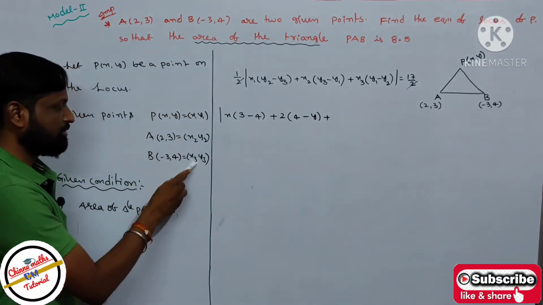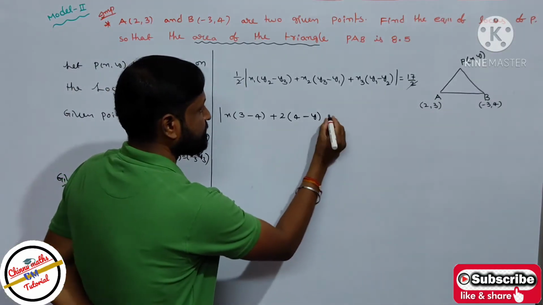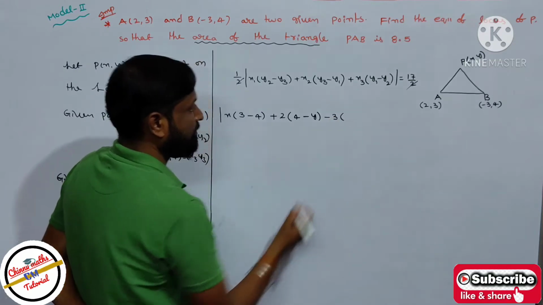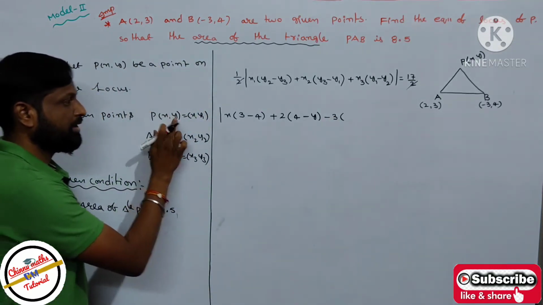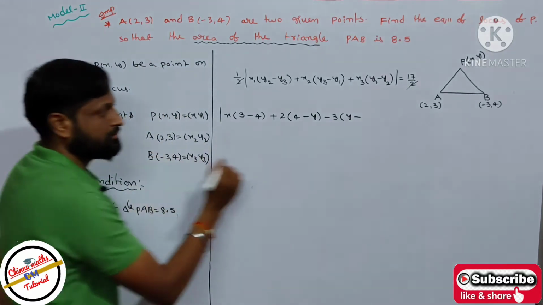What is our x3 value? Minus 3. So plus into minus, you write minus 3 times (y1 - y2), which is y minus the y2 value, 3.